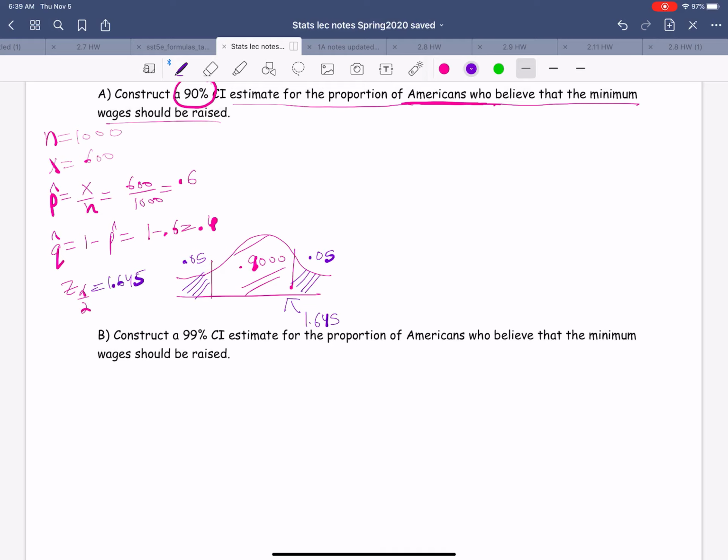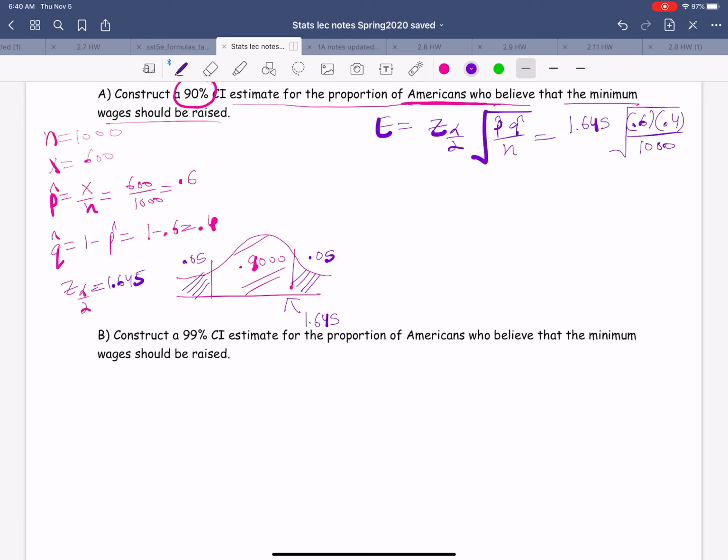Okay, let's go ahead and calculate the margin of error next. Margin of error is z alpha over 2 times the square root of p hat q hat over n. So all I have to do is plug in the values I know. Z alpha over 2 is 1.645 times the square root of p hat. How much is p hat here? P hat is 0.6, q hat is 0.4, and divided by n, which is 1,000.